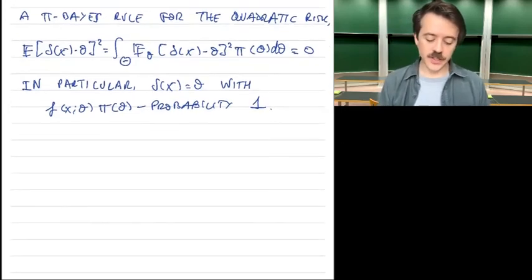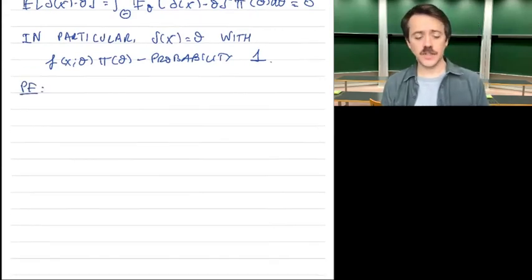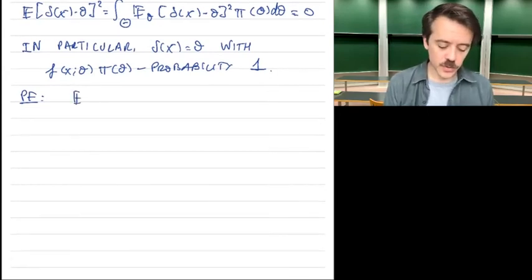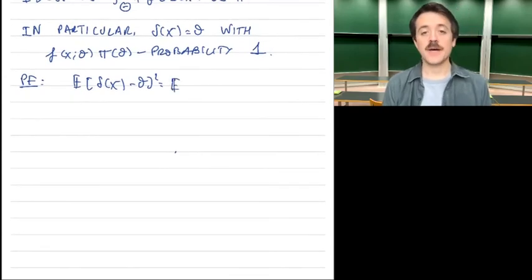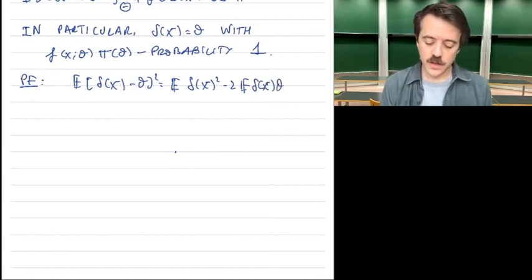Okay, so let's prove this. It's actually, again, quite a simple proof. If we take the quantity that we want to analyze, squared, and look at its value, then we can expand the square and get this, minus 2 times the expectation of a product, theta, plus the expectation of theta squared.